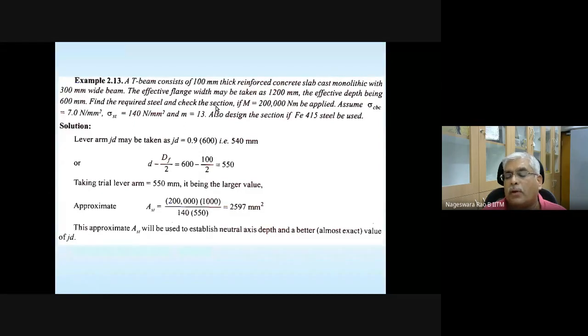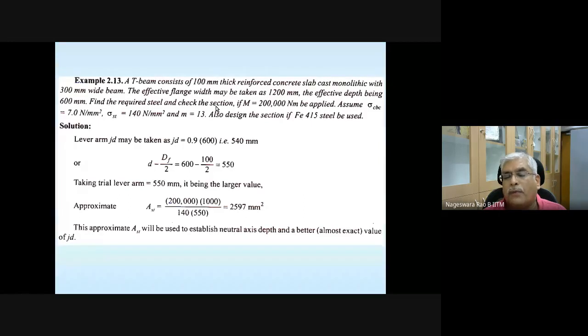So please make a note, what are the dimensions that are given here? Capital Df is given, bw is given, bf is given, and effective depth is given. Almost all the dimensions are given except the area of steel.